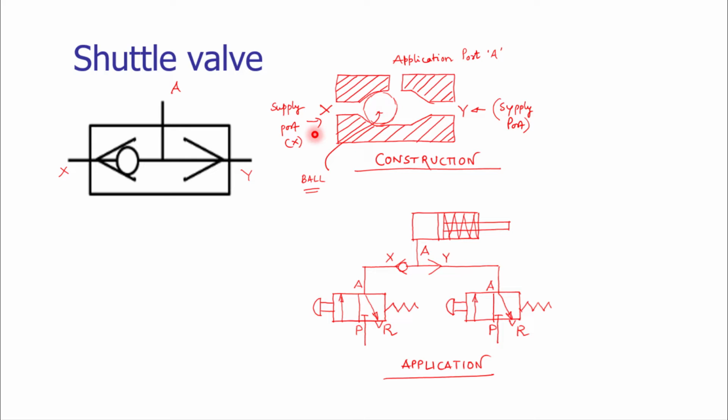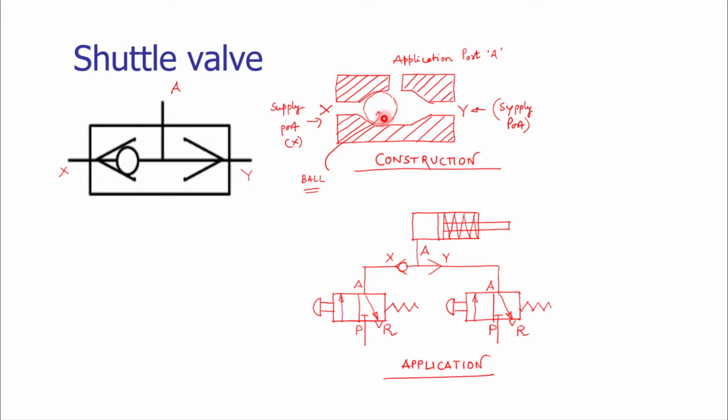If port X is getting the compressed air, the ball will get displaced and it will block the passage for port Y, and the compressed air from port X will be given to the application port A. When we apply compressed air at port Y, provided there is no compressed air at port X, the ball will displace from right to left and it will block port X. And then we are connecting port Y to the application port.